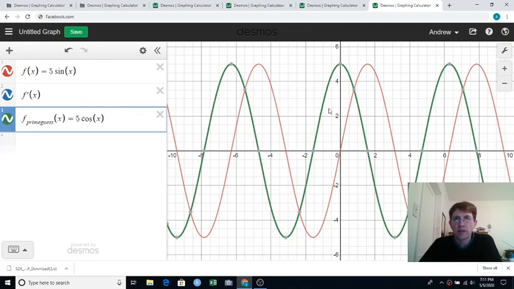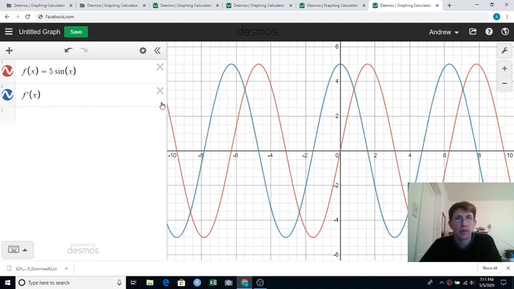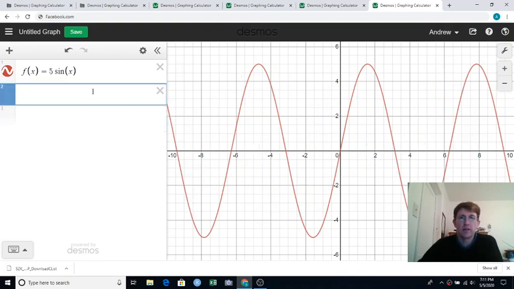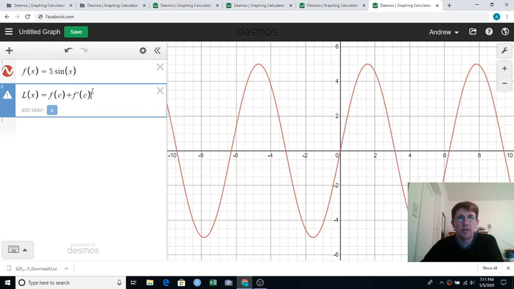So what's going on there? We stretched the original function vertically, and the derivative function was stretched vertically as well. So another way to think about this is to graph the tangent line. Let's do L of x equals, try to remember what the tangent line formula is, our best local linear approximation. It's f of c plus f prime of c times x minus c.